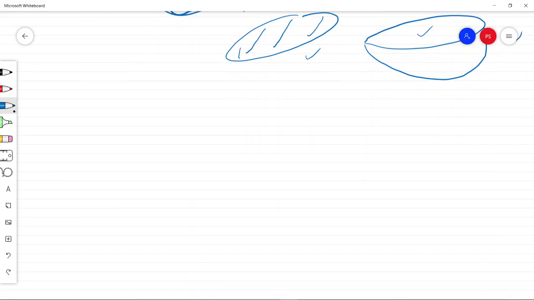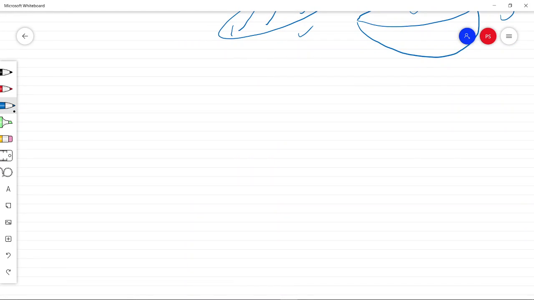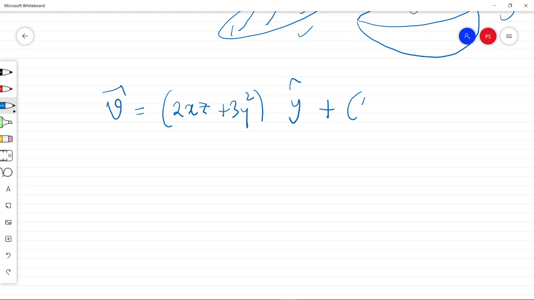Now let us try to verify the theorem for a given example. Suppose V bar is a slightly complicated function of this type: 2xz plus 3y squared y cap plus 4yz squared z cap.